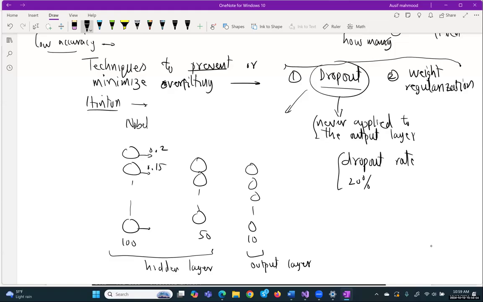We'll pick 20% of these. If the dropout rate is 20%, 20% of outputs will be zeroed out during training.